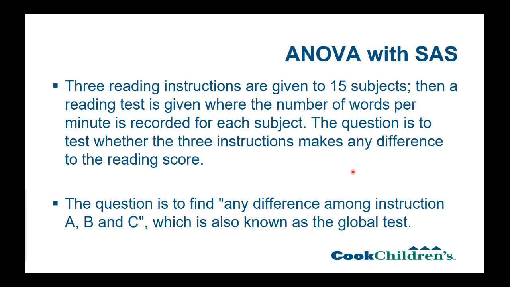Then a reading test is given where the number of words per minute is recorded for each subject. The question is to test whether the 3 instructions make any difference to the reading score. So you are trying to find out if there's any difference among instruction A, B, and C. And this is referred to as the global test.